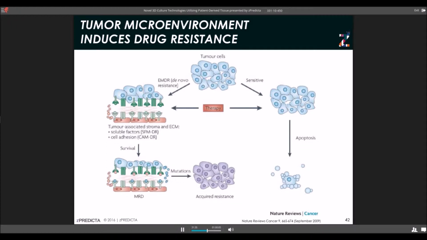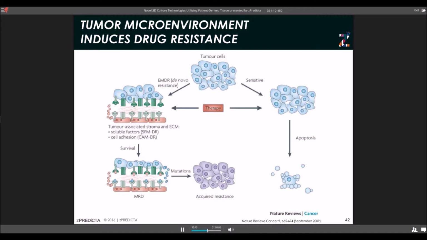Now, if you place the cells into the correct environment, the interactions between the tumor cells and the extracellular matrix, between the tumor cells and stroma, between the tumor cells and soluble factors, or tumor cells and tumor cells themselves, so tumor-tumor interactions, all of those can be protective and lead to survival of the tumor, which then over time leads to accumulation of mutations and acquired resistance to the drugs, which is exactly the scenario that happens in a patient.